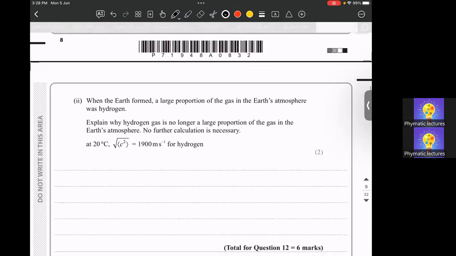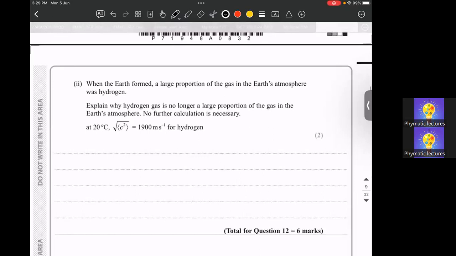So there is a connection between the previous answer. When the Earth formed, a large proportion of the gas in the Earth atmosphere was hydrogen. Explain why hydrogen gas is no longer a large proportion of the gas in the Earth atmosphere. What is the value of root mean square velocity of hydrogen?